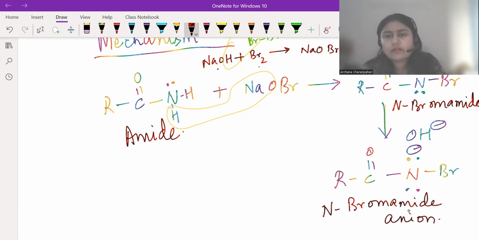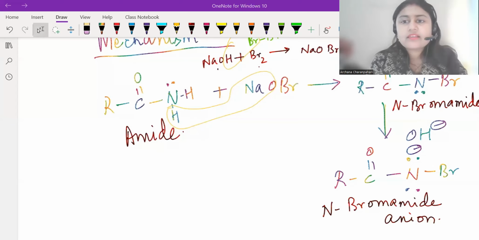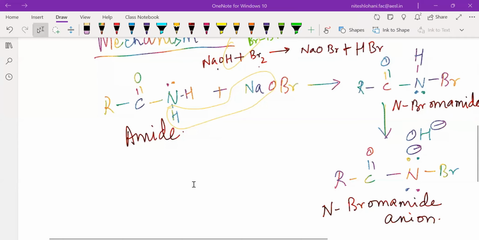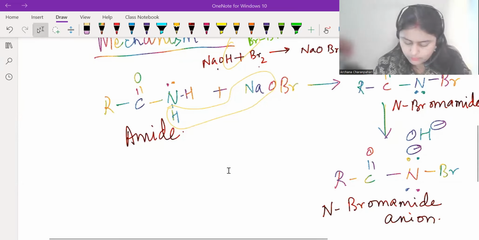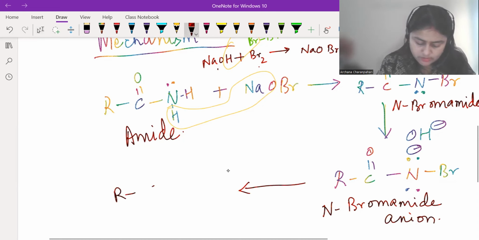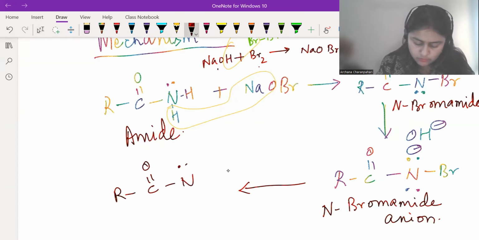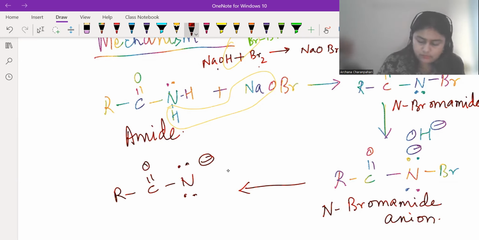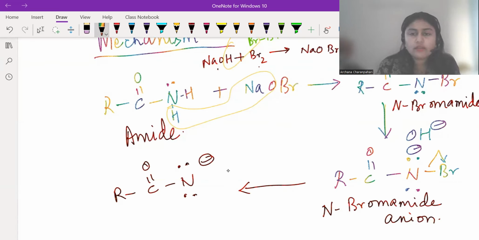First step, one proton is gone. Second step, another proton is gone. And we end up with what is known as the N-bromine. In the next step, again, this bromine is also lost. So we have RC double bond O, and again this is lost, with a negative charge.